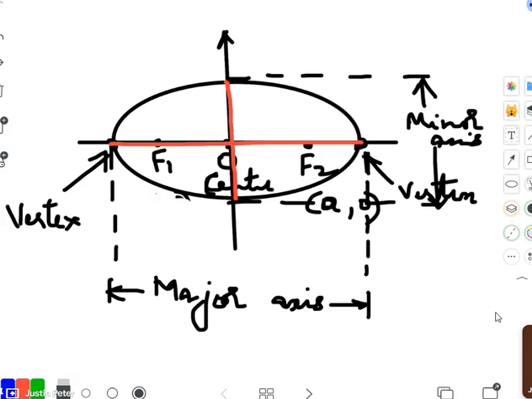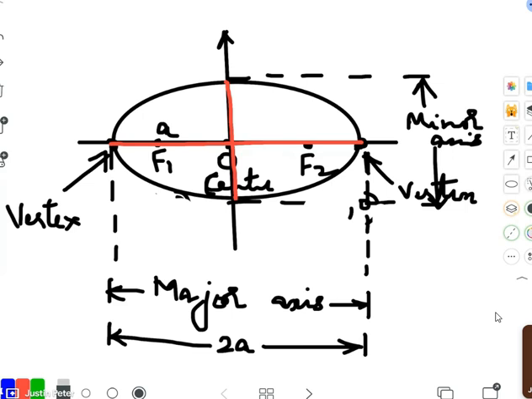Before going to the focus, one correction here. F1 is not a comma 0 or minus a comma 0. The length of the major axis will be 2a, which means on either side of the center, the distance is a units on both sides.